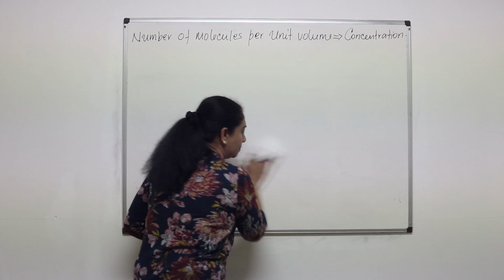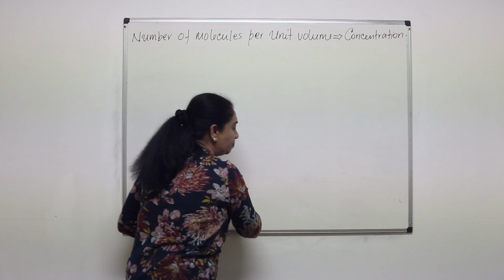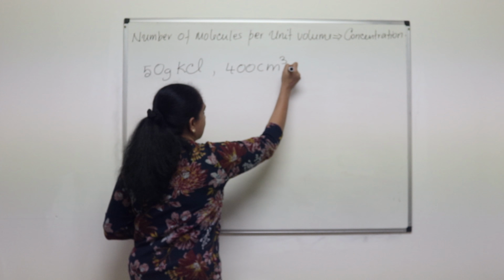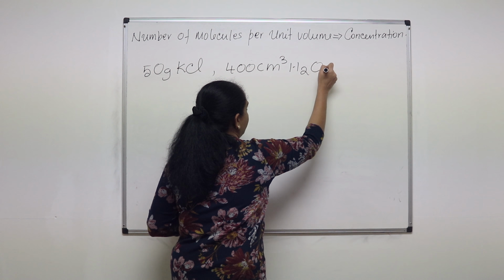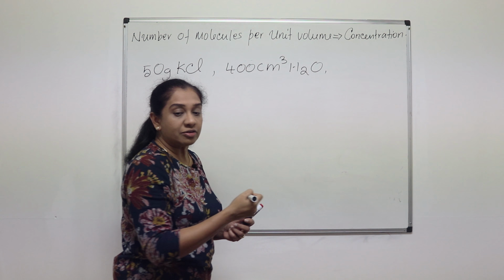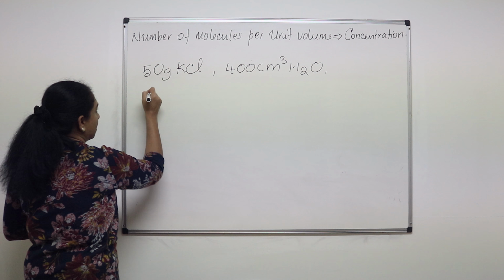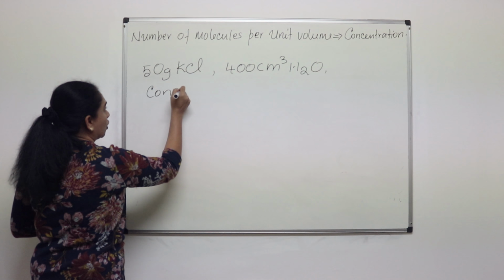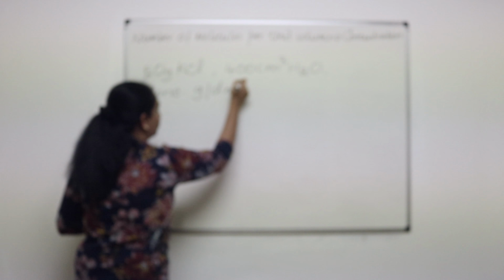So it's 50 grams of potassium chloride dissolved in 400 cubic centimeter of water, and your question is to calculate the concentration in grams per dm cube. Let's see how to solve this problem.